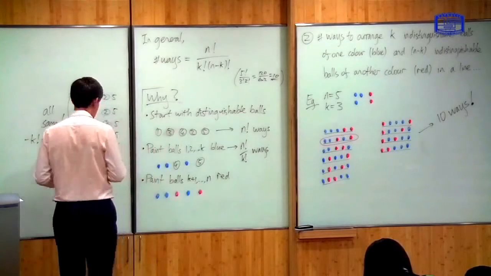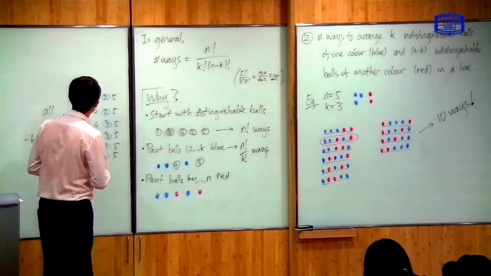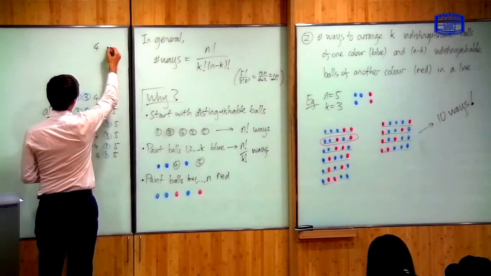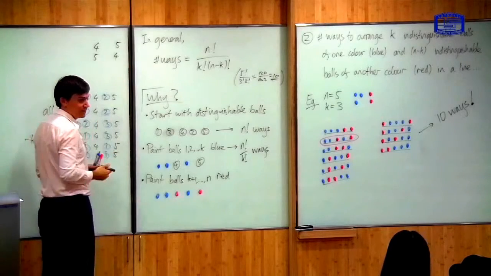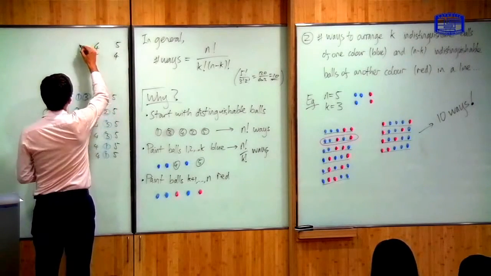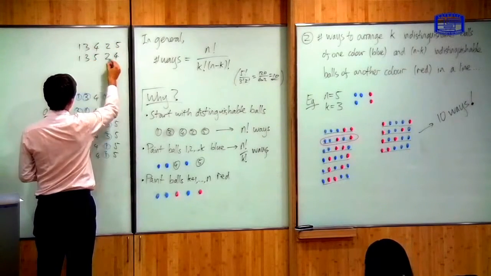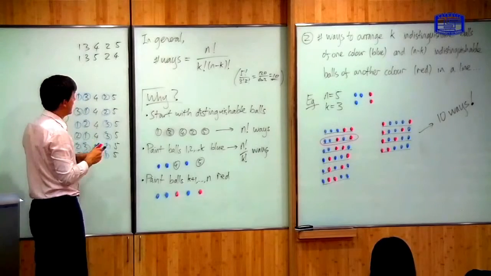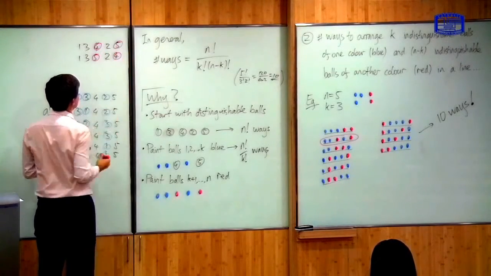Okay. And again, we've reduced the number of ways by this process, because before, if I had 4 and 5 this way, or if I had 5 and 4 this way, they were different. Right? So for example, 1, 3, 4, 2, 5, and 1, 3, 5, 2, 4 were different. But now, I've colored these in red, like this, so they're the same.